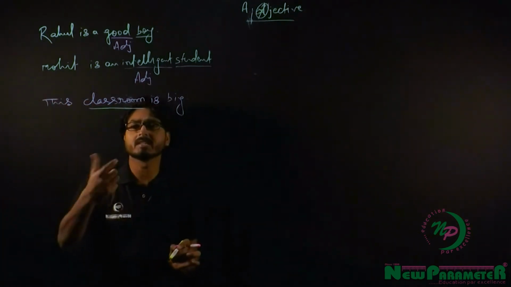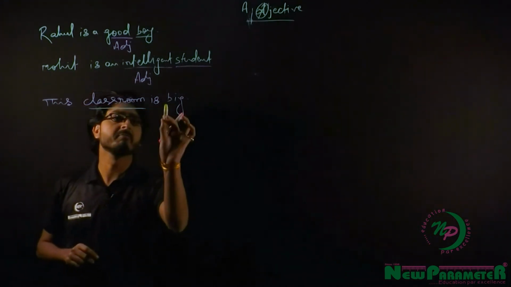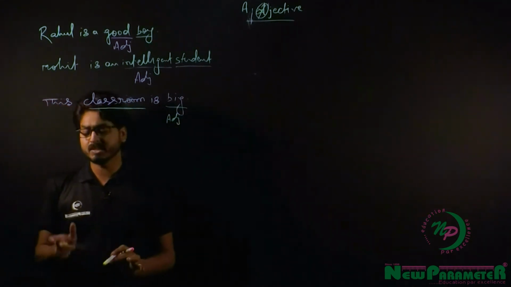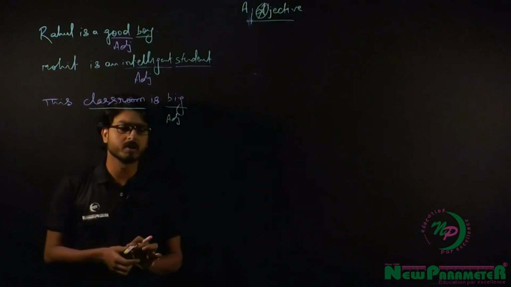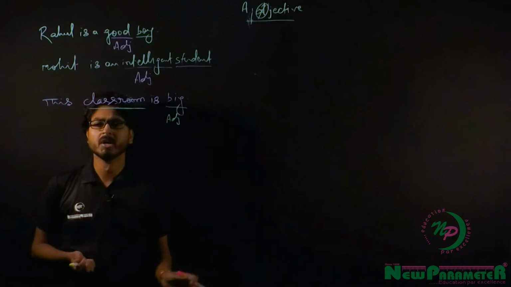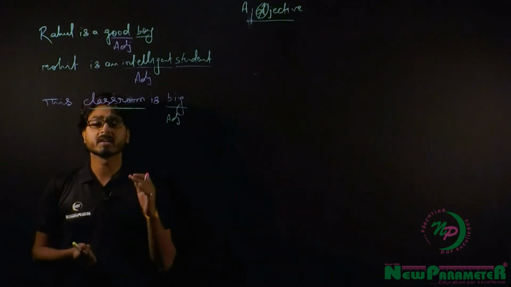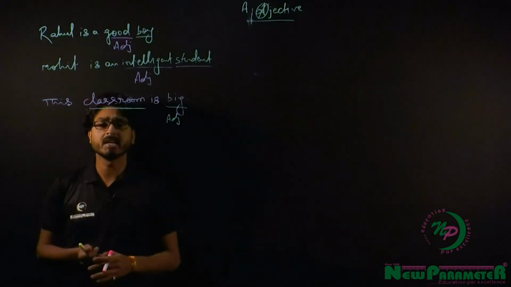We have a details that this classroom is big. We can say this is an adjective. So adjective is nothing but giving the details of a noun or pronoun. There are a lot more types of adjective. We don't have to go through the types of adjective and so many things. We have to know the correct use of an adjective. What is an adjective and how is it basically used?